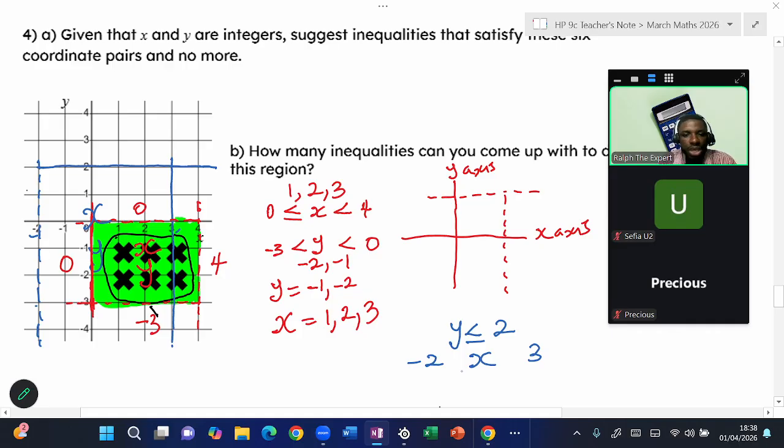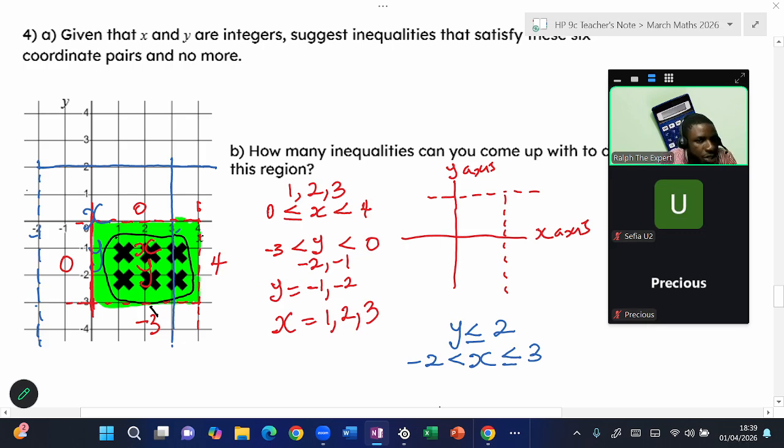So we put -2 is less than x. It's a broken line, so no need for the equal to sign. Then the line at 3 is a thick line, so it will have the equal to sign. And since x is before 3, it means x is less than, and for the fact that it's a thick line, x is less than or equal to 3.